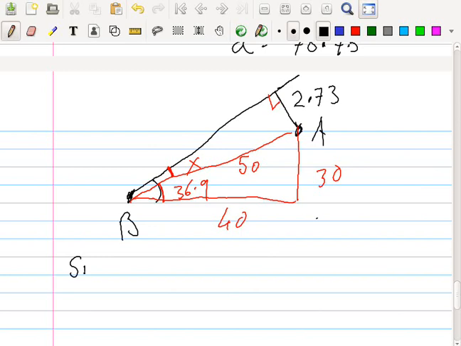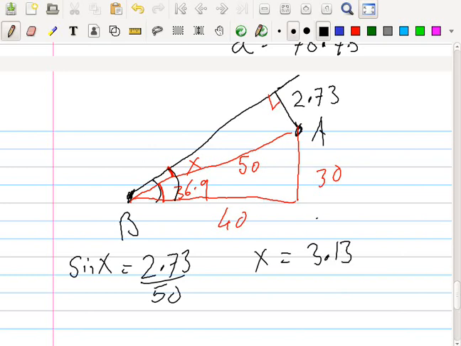So sine x equals opposite over hypotenuse. So what's the x, please? .13. Yeah.